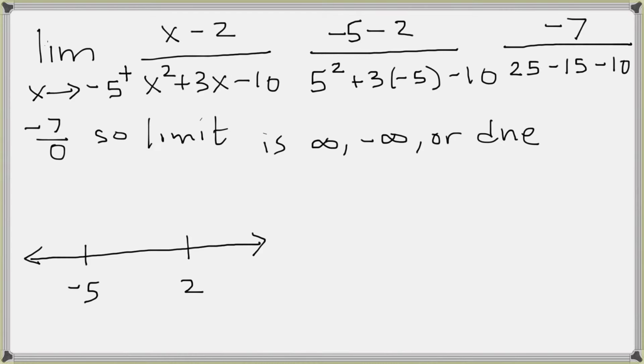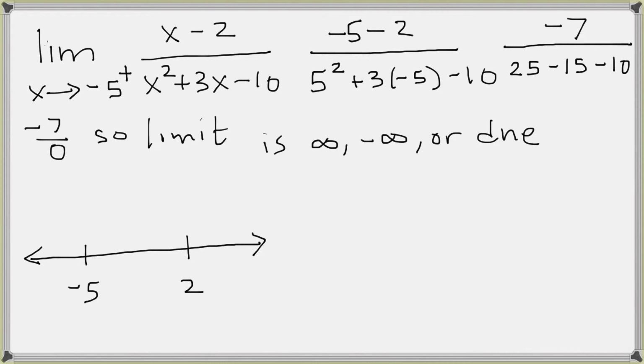So what we would do, if you recall from how to solve infinite limits, is take the bottom part and find where it's positive. In doing that, we would set the bottom part equal to 0 and solve that out. Well, we've already done that when we were finding the possible vertical asymptotes. So we know that the sign diagram for this function is going to have a negative 5 and a positive 2 on it.